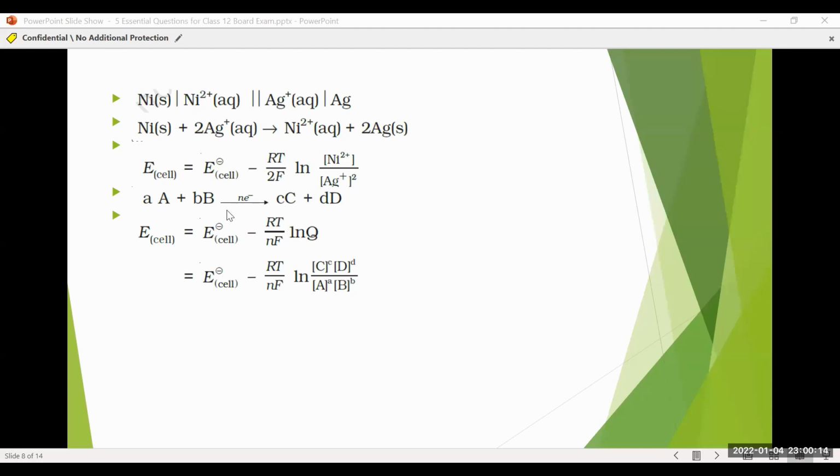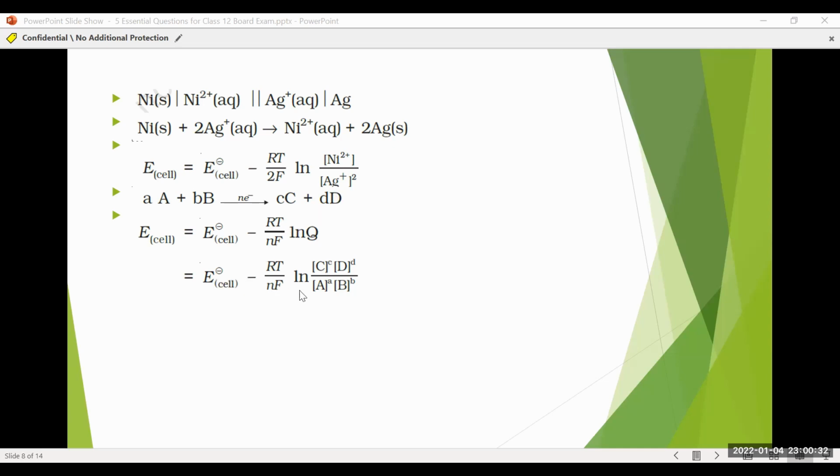If it is an equilibrium process, we can write ln Q also in a simplified manner, because log base e Q is nothing but the product concentration and the reactant concentration other than at the equilibrium phase.